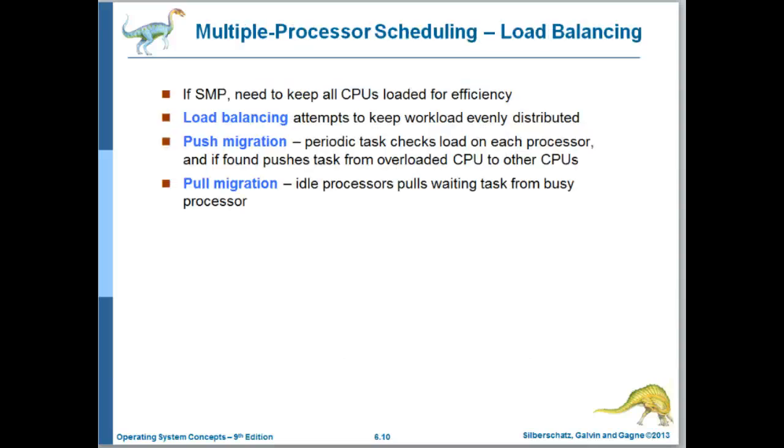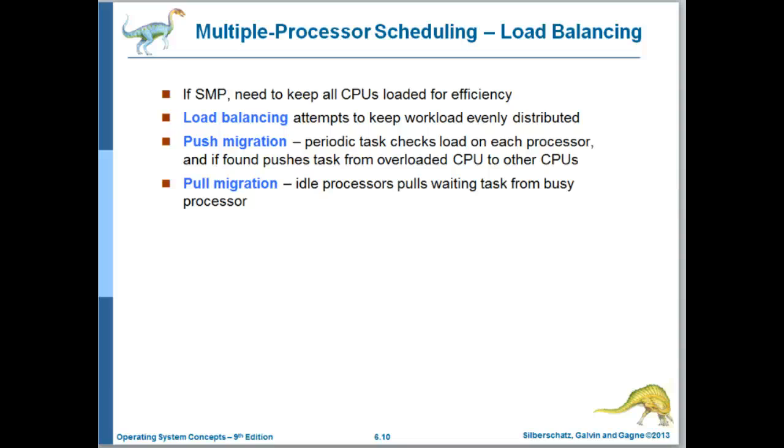So in addition to the CPU scheduler accounting for affinity, the CPU scheduler should also account for balancing the workload among the processors. So, for example, you wouldn't want all the CPU-bound processes to be running on one CPU in a 2 CPU system when all the I/O-bound processes are running on the second CPU.